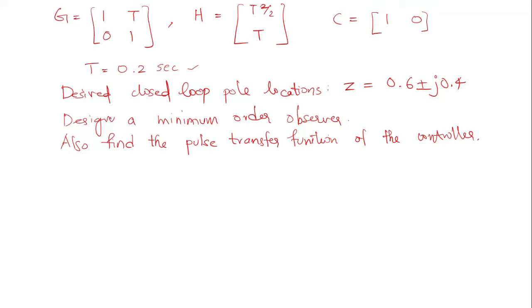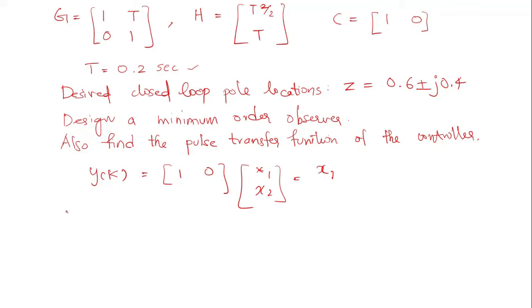Since the C matrix has elements 1 and 0, you will see that y of k is 1 0 times the states x1 and x2, so it's only the x1 state that is directly measurable from the output y of k. So you need to design a minimum order observer to complete your pole placement design.